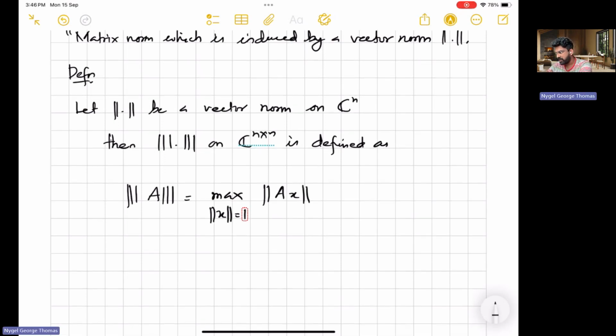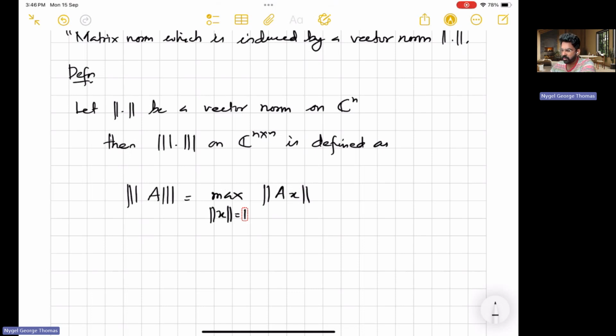So what does it say? It's not exactly the same, but similar to what we had for dual norms. To find this matrix norm, we have a vector norm already defined. We have to solve this optimization problem.